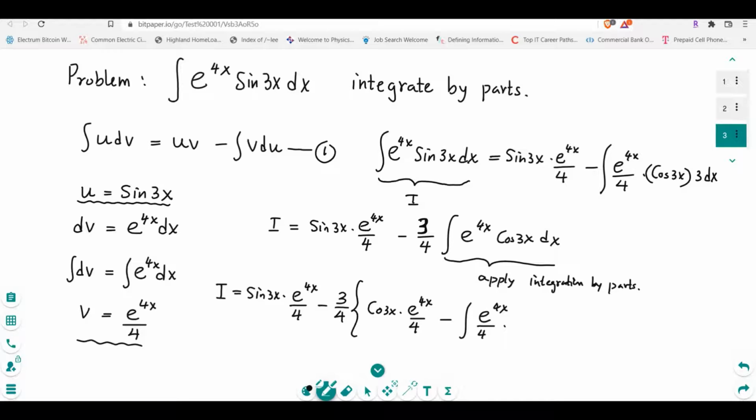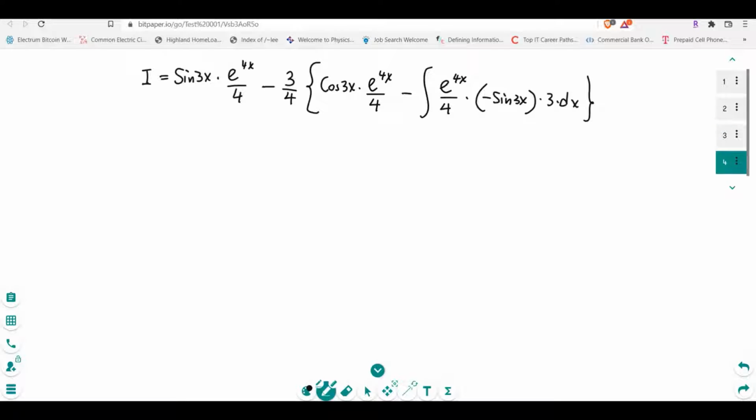So that would be minus sine 3x times the differentiation of the inner function, which is 3x. So the derivative of that would be just a 3, and dx. Okay, so close brackets.